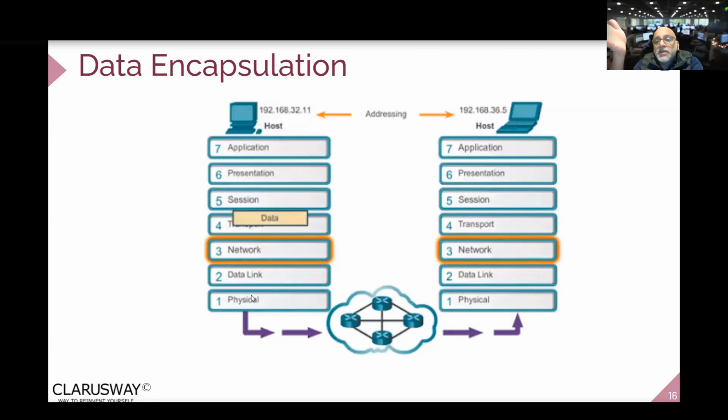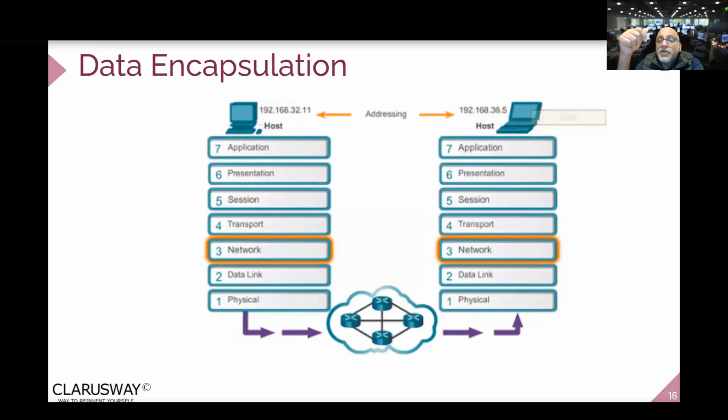Now, when we get to the other side, the receiving node is going to do the reverse, right? It's going to do what you might call de-encapsulation. It receives that stream of bits that came in through the physical layer, then decodes it into an Ethernet frame.